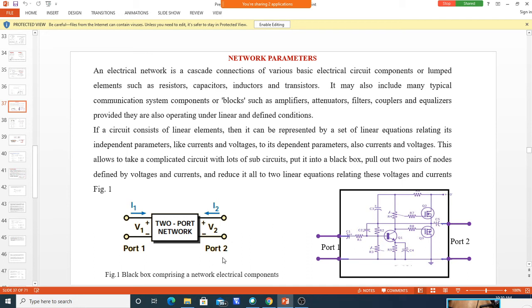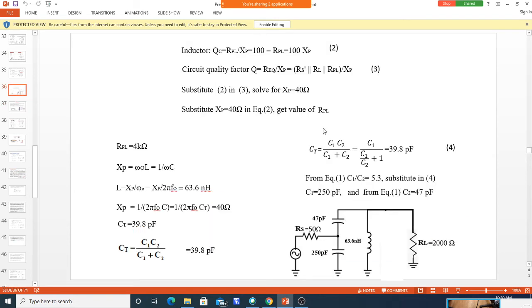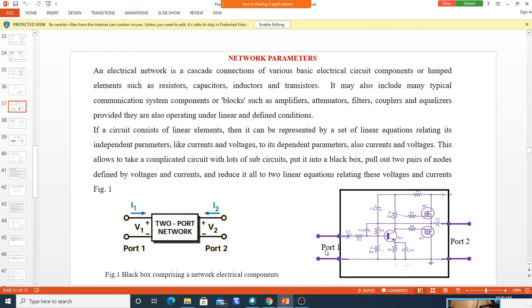Once we go for high frequency operation and design these, in any circuit or device you take, anything may be inside. For example, this is a two-port network.